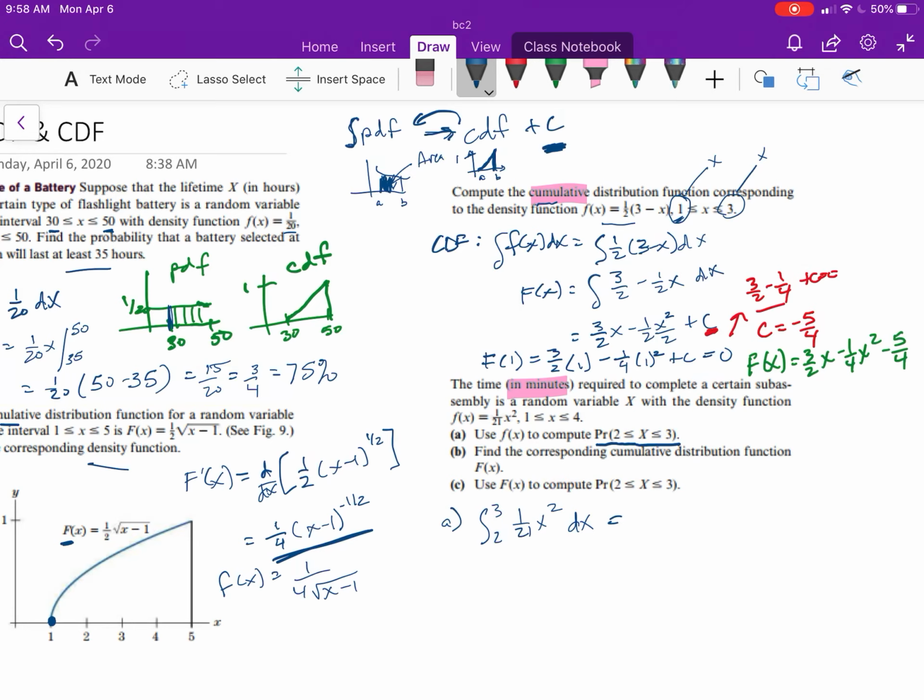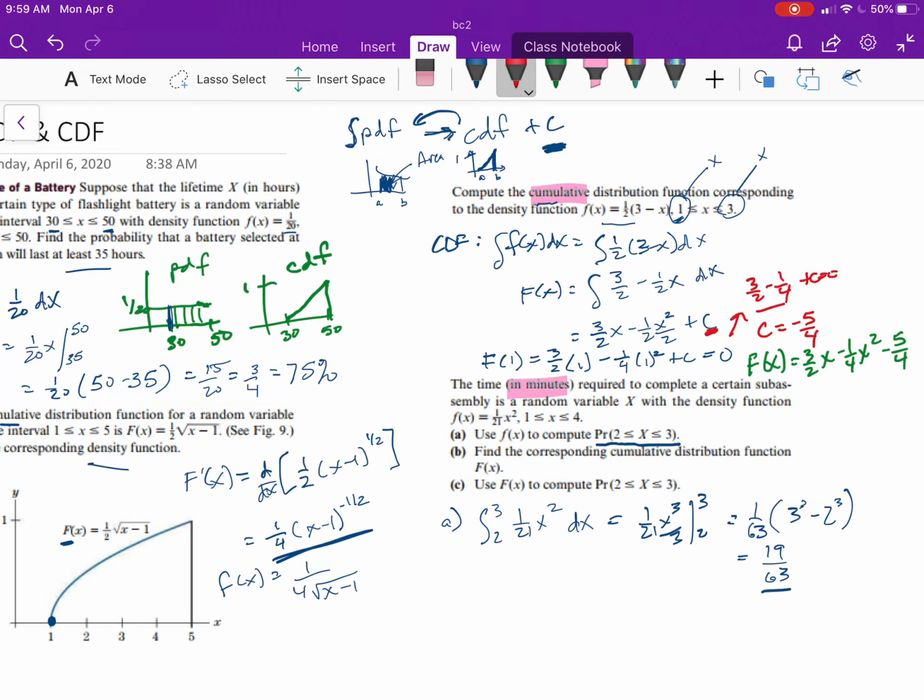So we get 1 over 21 x to the third over 3 from 2 to 3, which means 1 over 63, 3 cubed minus 2 to the third, so that's 27 minus 8 is 19 over 63. Whatever that is as a percent, right? Put that in a calculator and get my probability. But for math class, we're just going to go ahead and leave it. That's an exact answer. 19/63 is the probability.